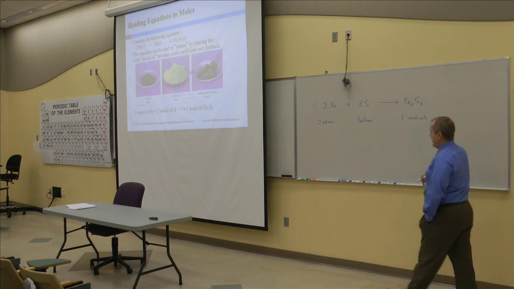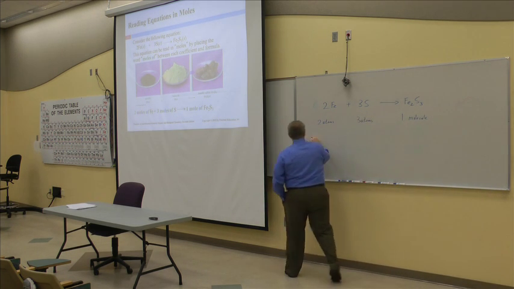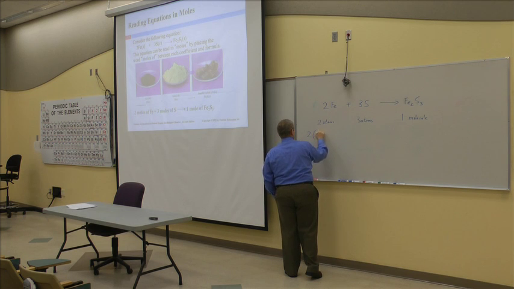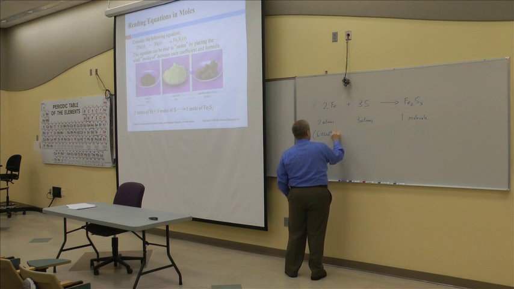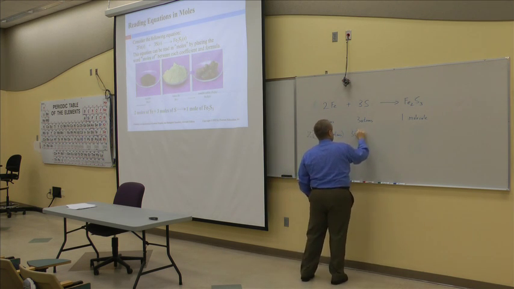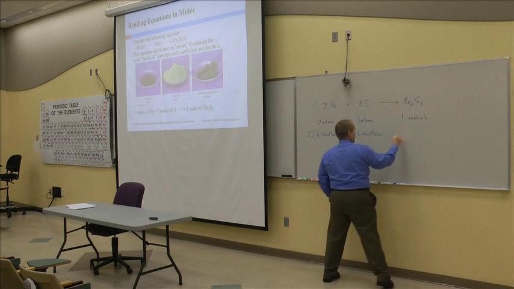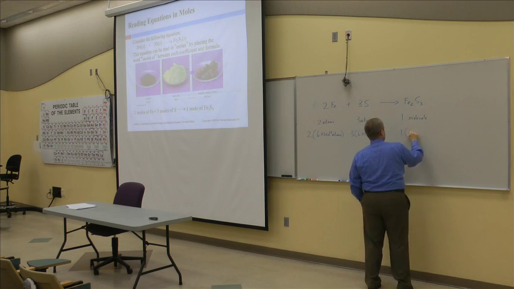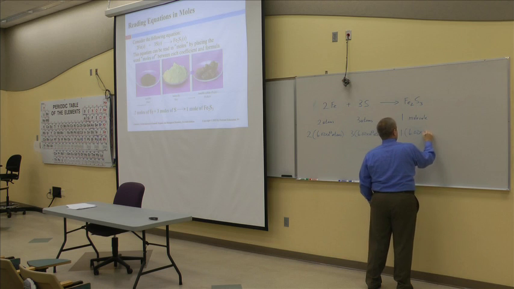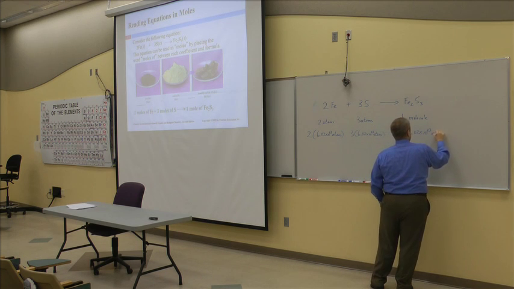So now, what if we had 2 multiplied by 6.02 times 10 to the 23 atoms, 3 times 6.02 times 10 to the 23 atoms, to give us 1 times 6.02 times 10 to the 23 molecules.